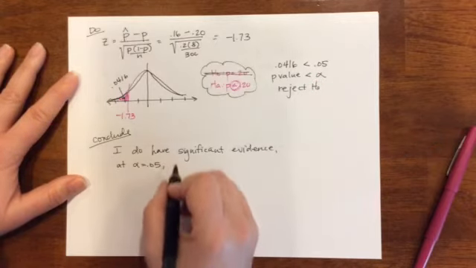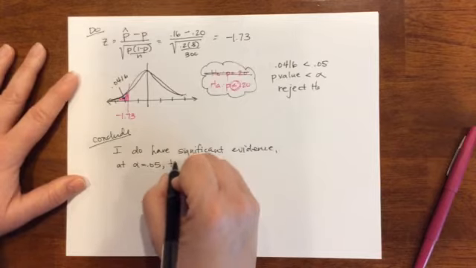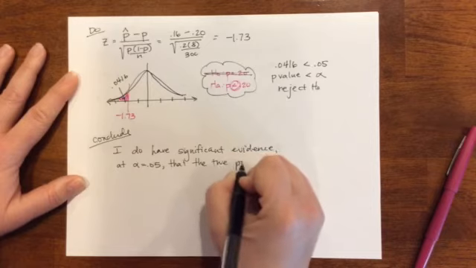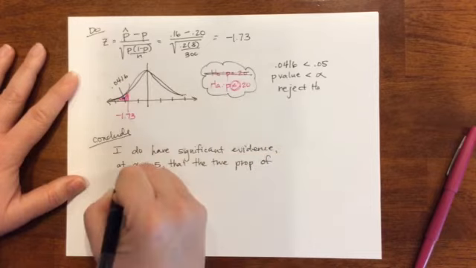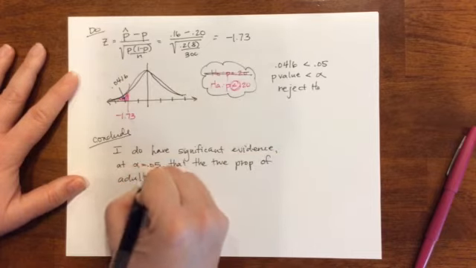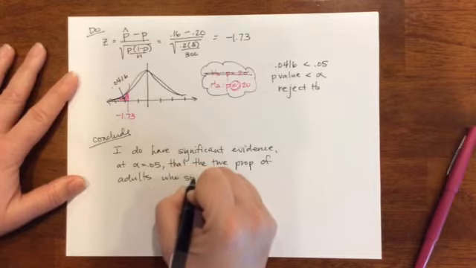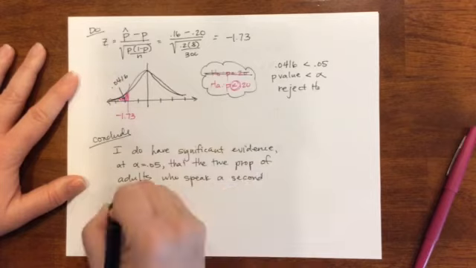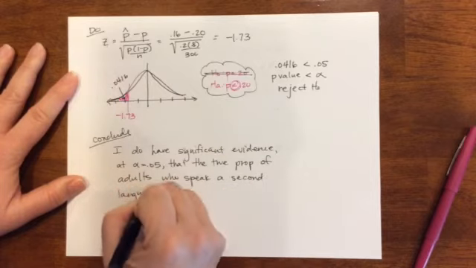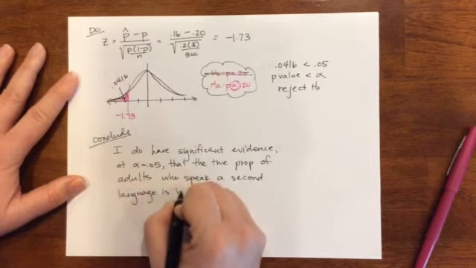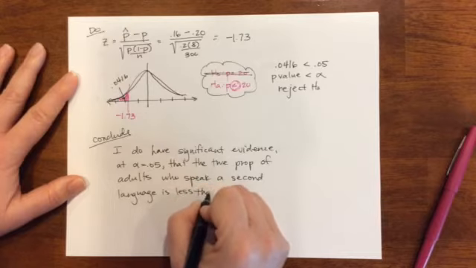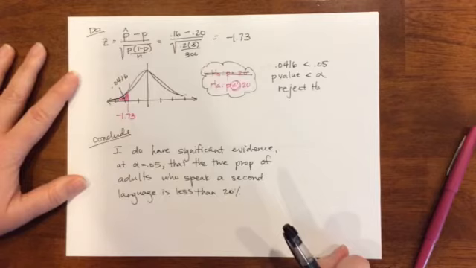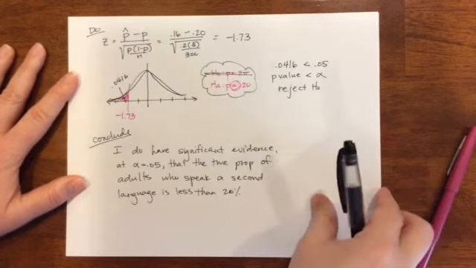I do have significant evidence at alpha equals 0.05 that the true proportion of adults who speak a second language is less than 20%, okay? And that's a hypothesis test.